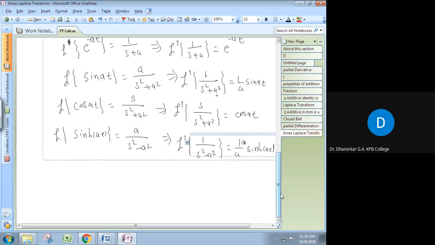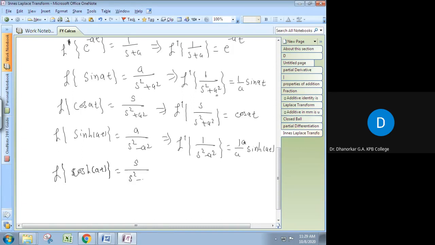If we know the standard results of the Laplace transform, then we can find the inverse Laplace transform easily. The last formula: the Laplace transform of cos hyperbolic at is s divided by s square minus a square. Then the inverse Laplace transform of s divided by s square minus a square is nothing but cos hyperbolic at.